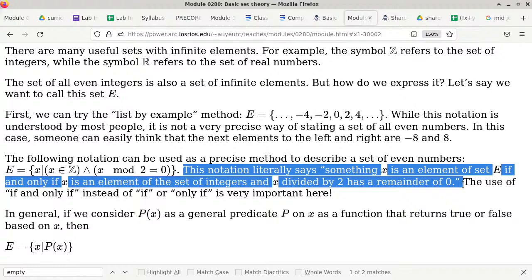So what that means is, yes, that guarantees all even numbers will now be in the set E. But what about something that is not even? I didn't say anything about that, right? So if you present me and say, what if x equals 3? Now, most of you can say x being 3 means it is still an integer. Okay, that's good. But the remainder of 3 divided by 2 is 1, not 0.